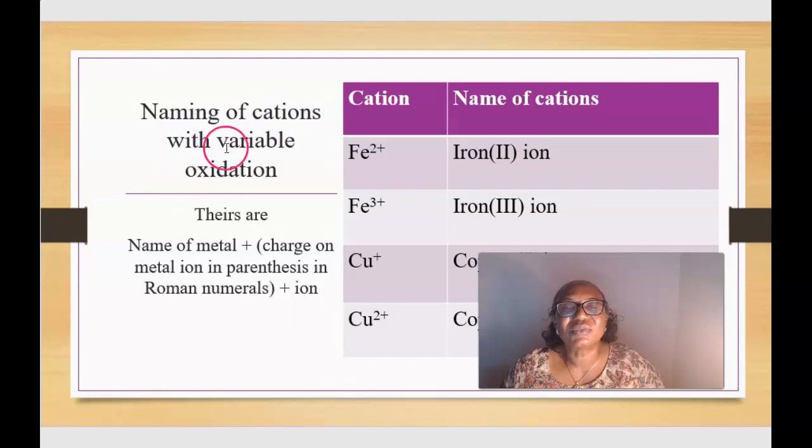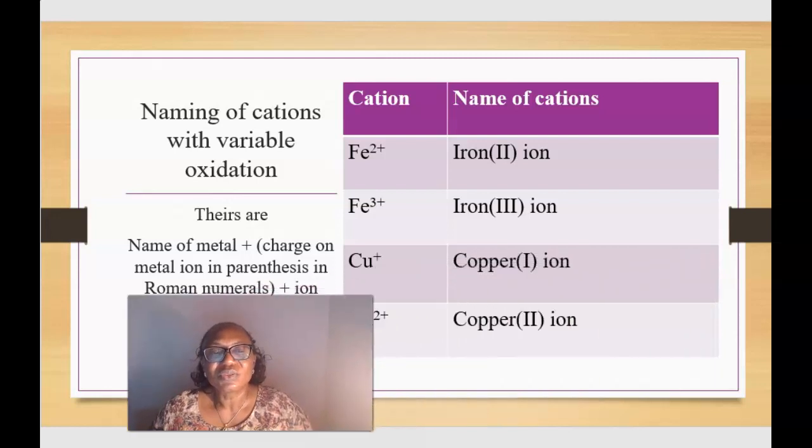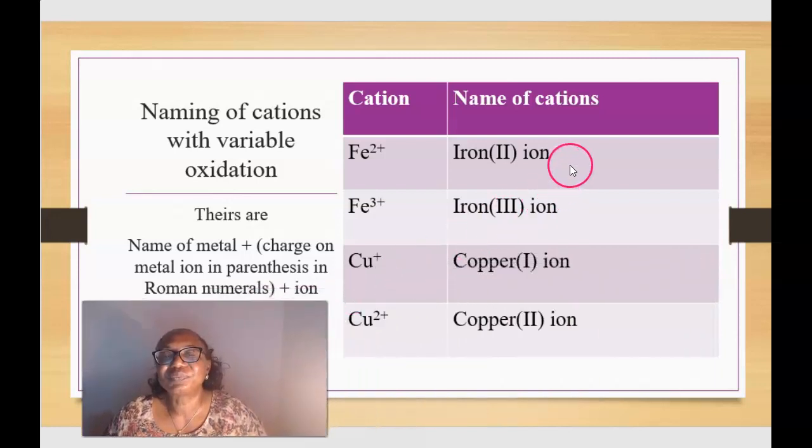Naming of cations with variable oxidation state. Their names are the name of the metal plus the charge on the metal ion in parentheses after the name of the metal in Roman numeral, plus ion. So for example, this is an iron cation with a plus 2 charge.